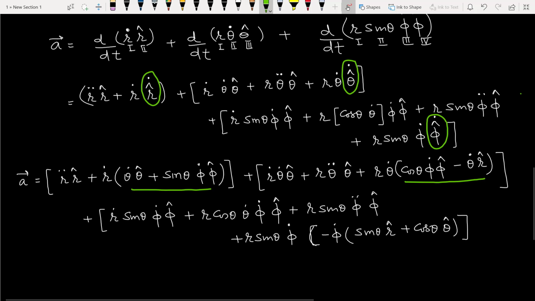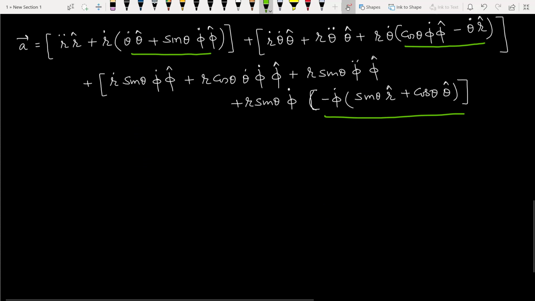So again, this expression for phi cap dot has been derived in our previous lecture. You can see the derivation over there. So now we club the terms.